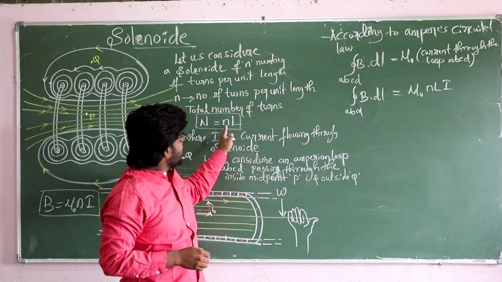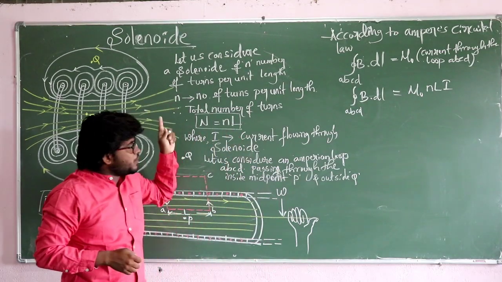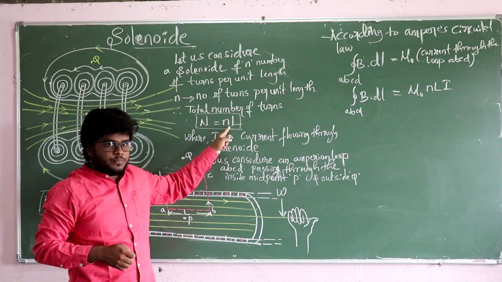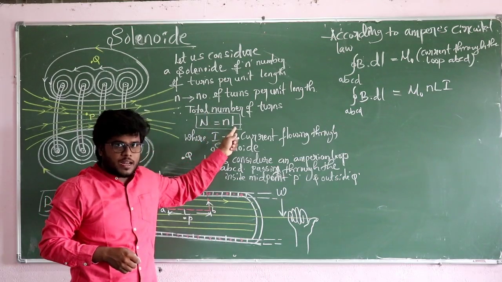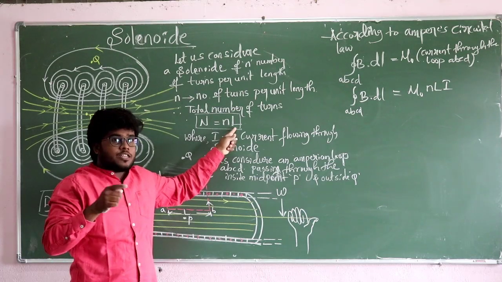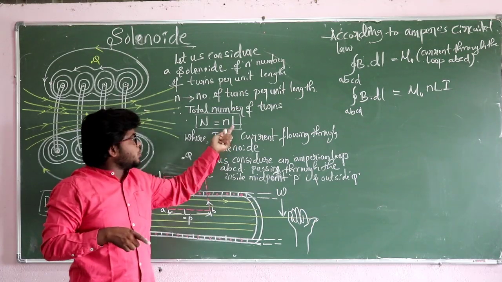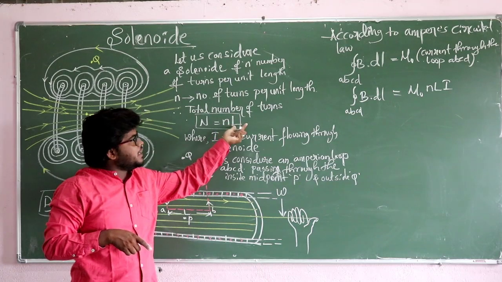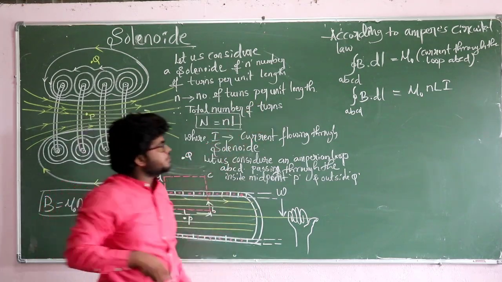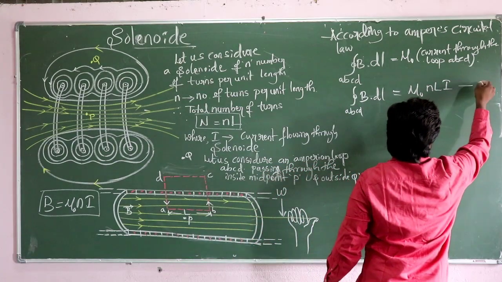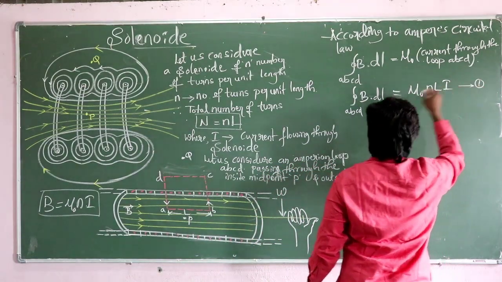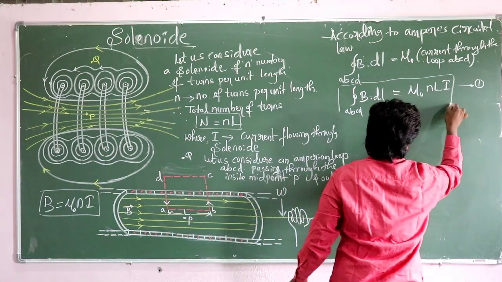So NL is the total number of turns, and the current through each turn is I, so total current equals NLI. Write it down. I will call this equation number 1, and it is a very important equation.